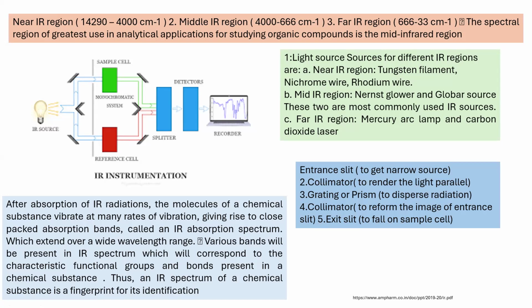And of course, when these vibrations are generated, that can be understood by the amount of light absorbed by the molecule. So closely packed absorption bands will get generated, which are called IR absorption spectra. Right. So it is going to extend over a wide range of wavelength. It is a spectrum. It is not a single wavelength.